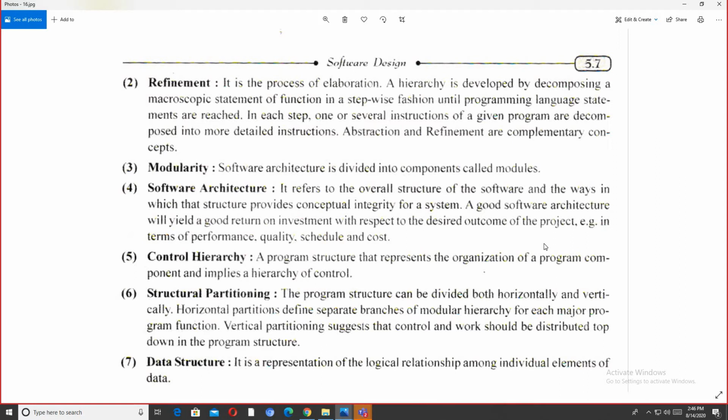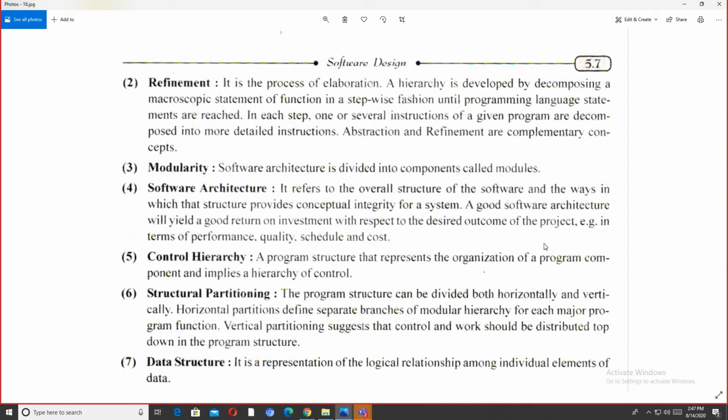A hierarchy is developed by decomposing a macroscopic statement of a function in a stepwise fashion until programming language statements are reached. Similarly, when we are going from module to code, coding a whole module will not be easy unless you understand what the module is doing. So if we are transforming the whole process from module to the programming language, then we can say that we are refining the particular module.